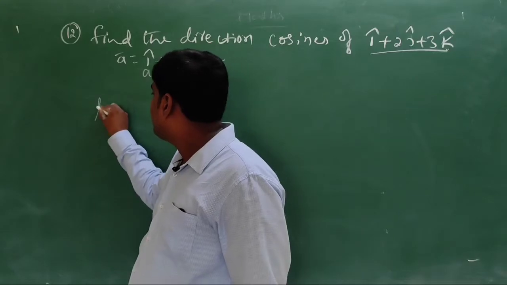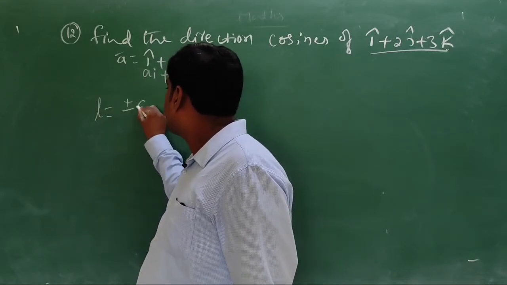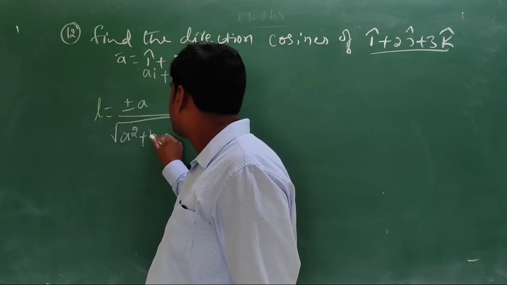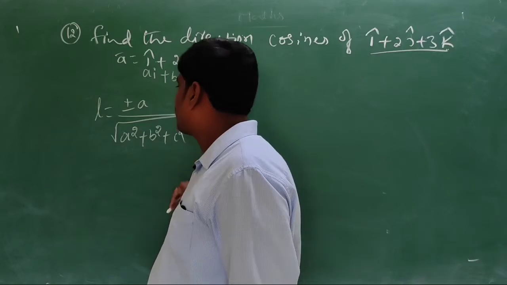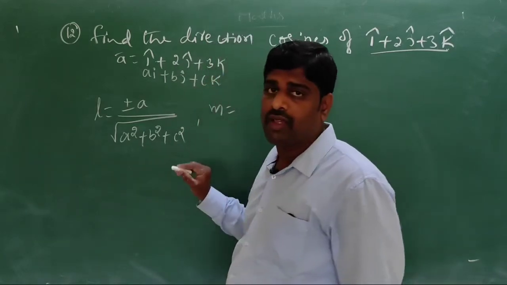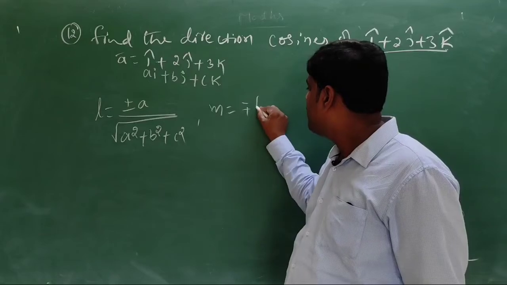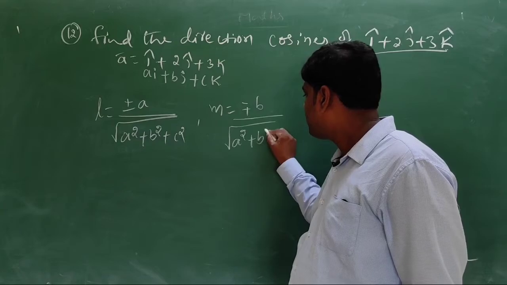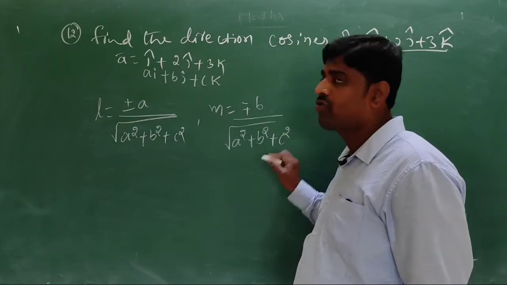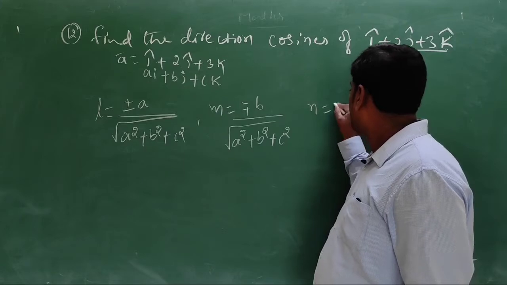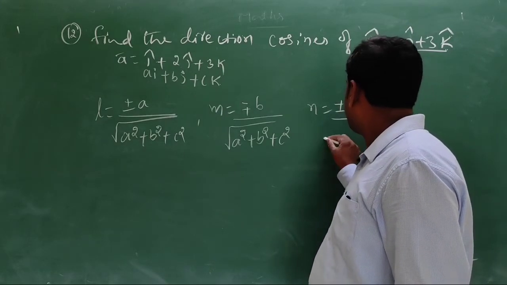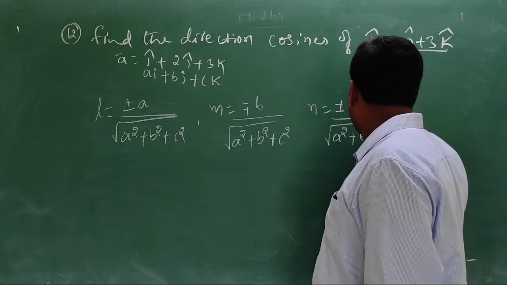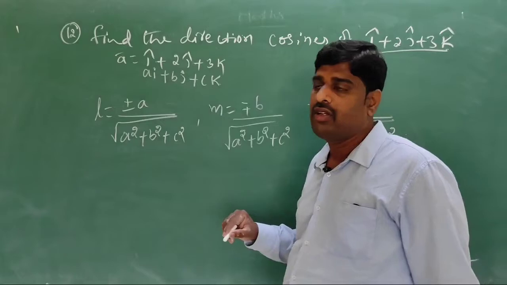That is, l is equal to plus or minus a divided by square root of a square plus b square plus c square. m is equal to minus or plus b divided by square root of a square plus b square plus c square. n is equal to plus or minus c divided by square root of a square plus b square plus c square.